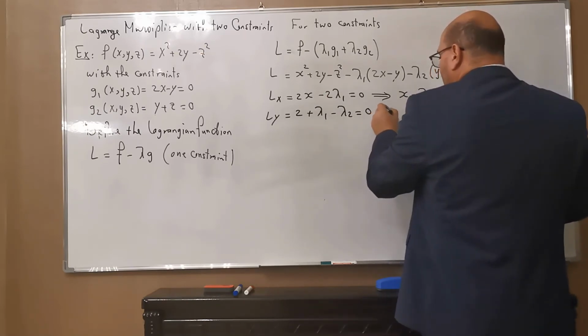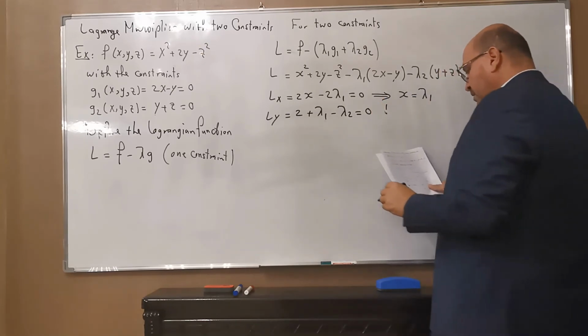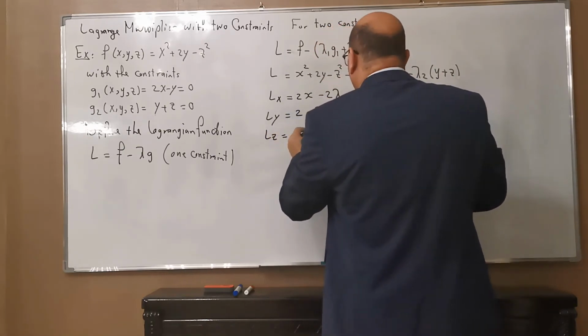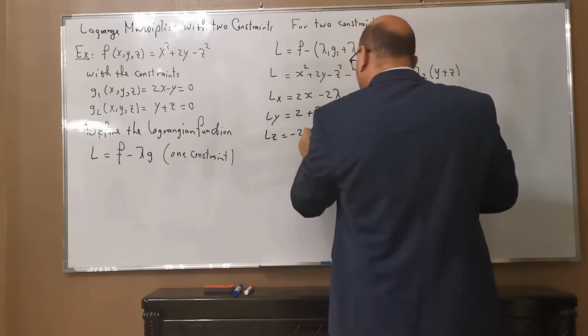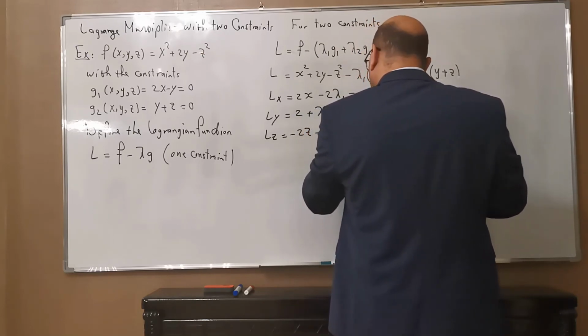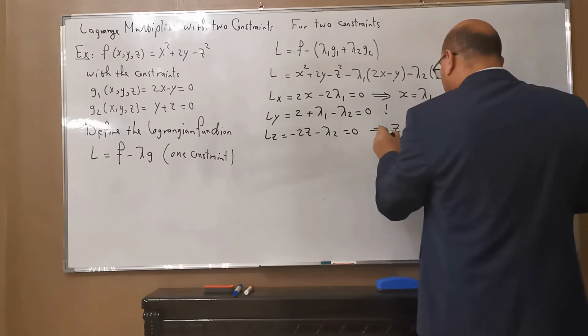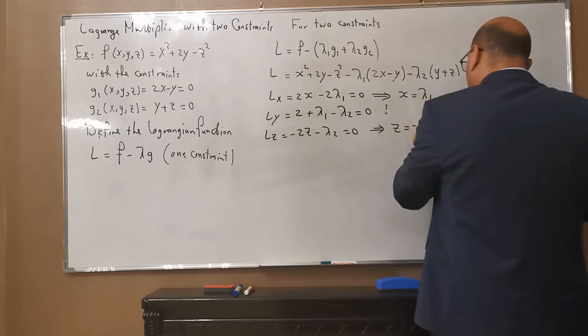Just keep it. Lz is equal to minus 2z minus lambda 2 equals 0. And here we have z equals minus 1/2 lambda 2.